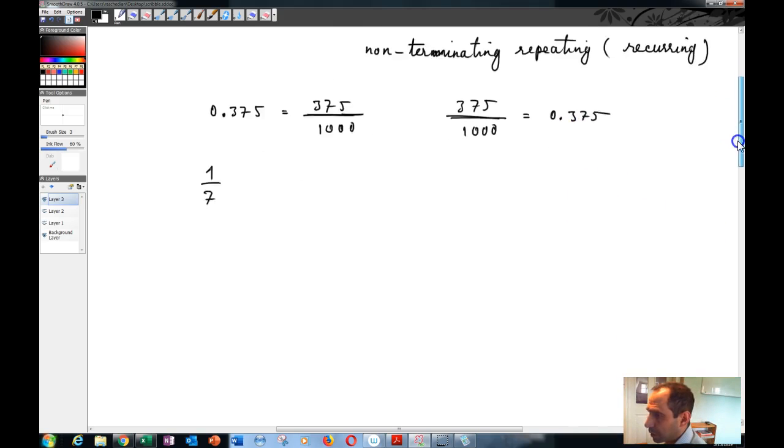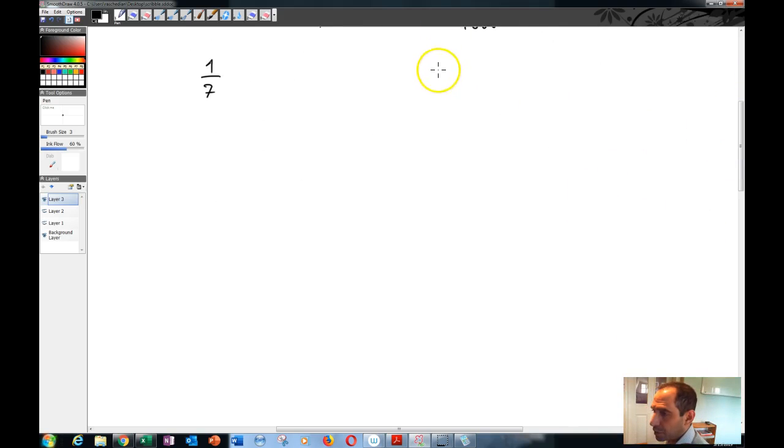You have 1 divided by 7, and you will have a 0 and a decimal point. Actually, 1 0 divided by 7: 1 times 7 is equal to 7, and you have a remainder 3.